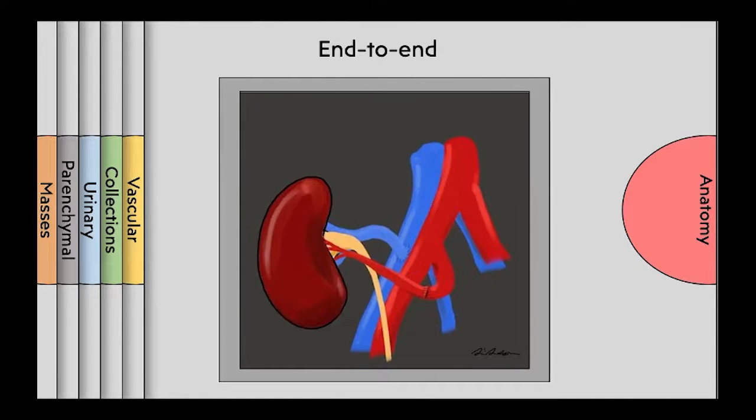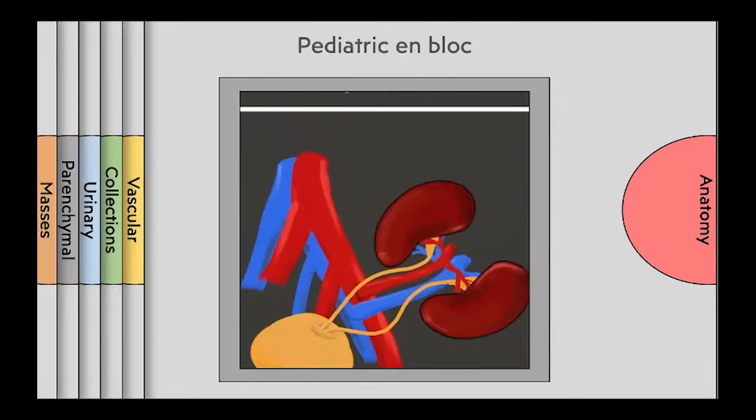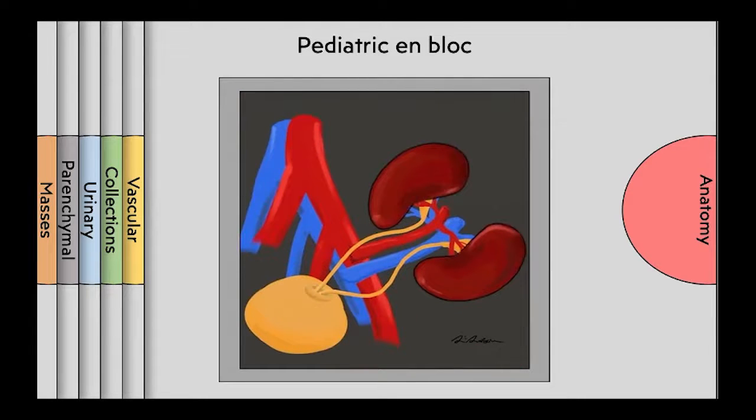When the external iliac artery is diseased, an alternative arterial anastomosis is an end-to-end anastomosis with the internal iliac artery. As pediatric deceased donors become smaller, arterial anastomosis with a graft artery becomes technically challenging.